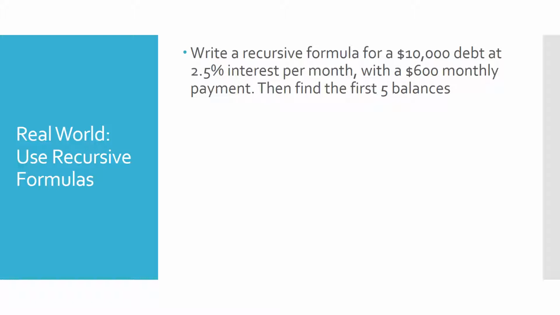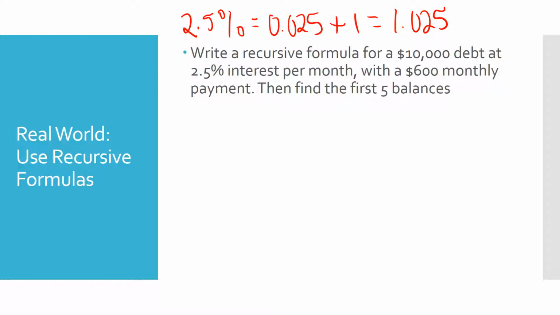So 2.5%, if I convert that to a decimal, is equal to 0.025. And if I add that to 1, then that's going to equal 1.025. That's something good to know. Take that interest rate, convert it to a decimal, add it to 1, and you've got a common ratio.